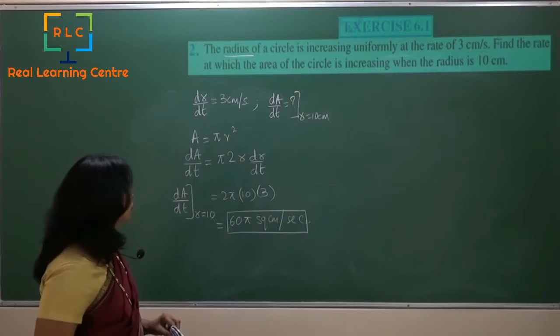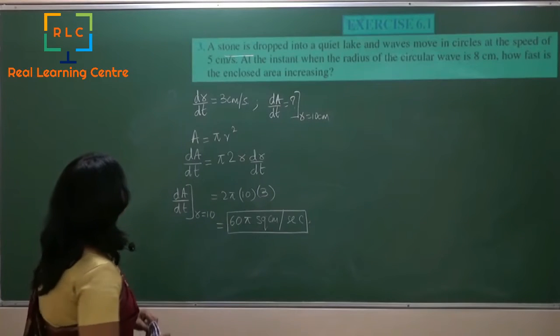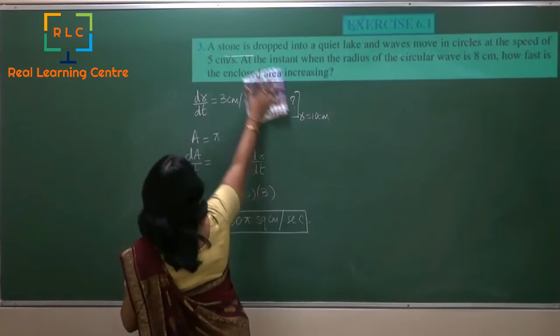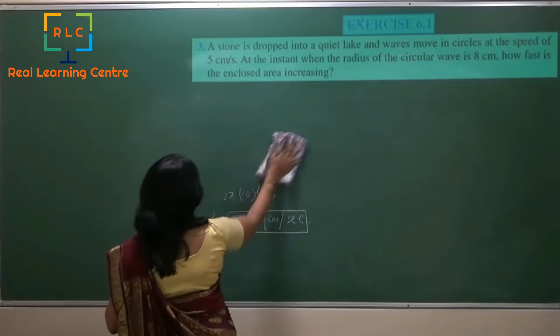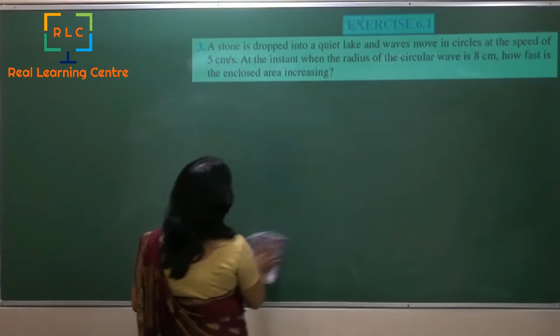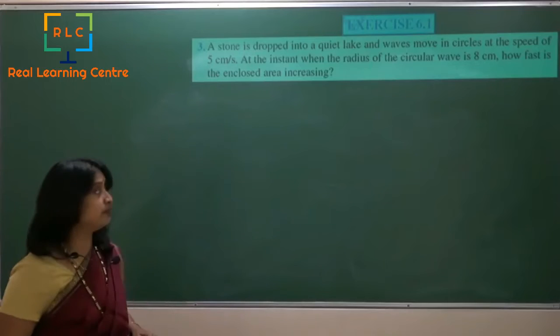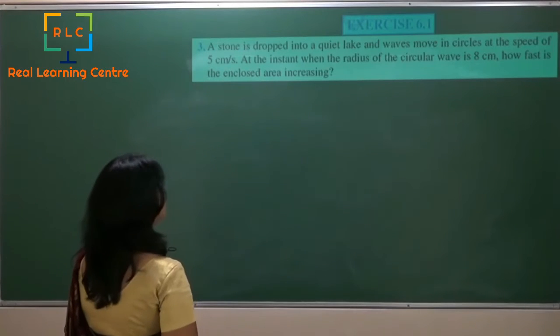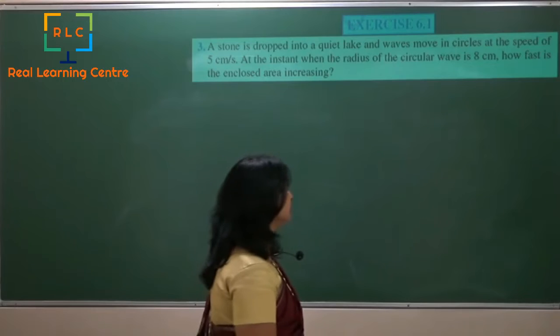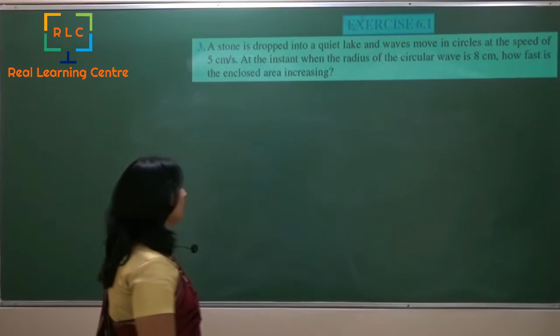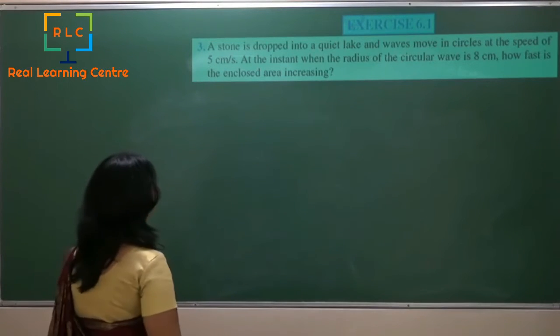And next we go to the next circle problem. See here they say a stone is dropped into a quiet lake and the waves move in circles at the speed of 5 centimeter per second. At the instant when the radius of the circular wave is 8 centimeter, how fast is the enclosed area increasing?